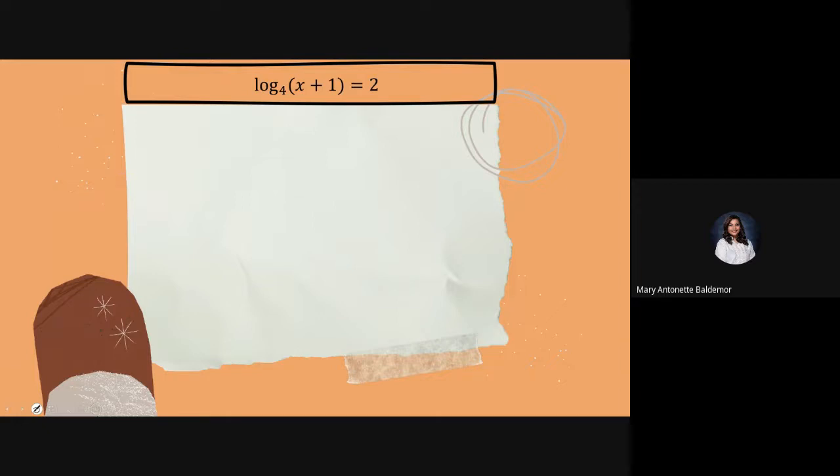So we know that the 4 here is the base. So we can rewrite here, this is the base, this is the exponent. So we can rewrite this one as 4 raised to 2 is equal to x plus 1. Now we know that 4 raised to 2 is 16. So 16 is equal to x plus 1.